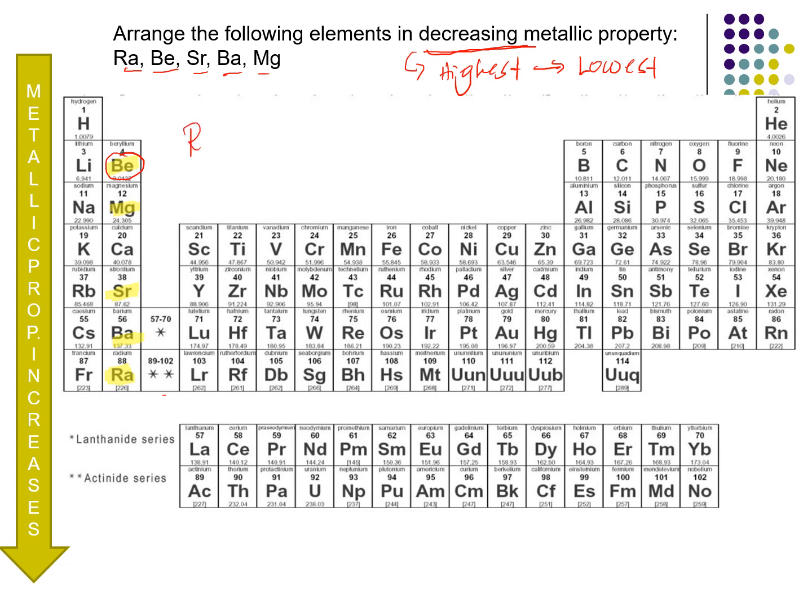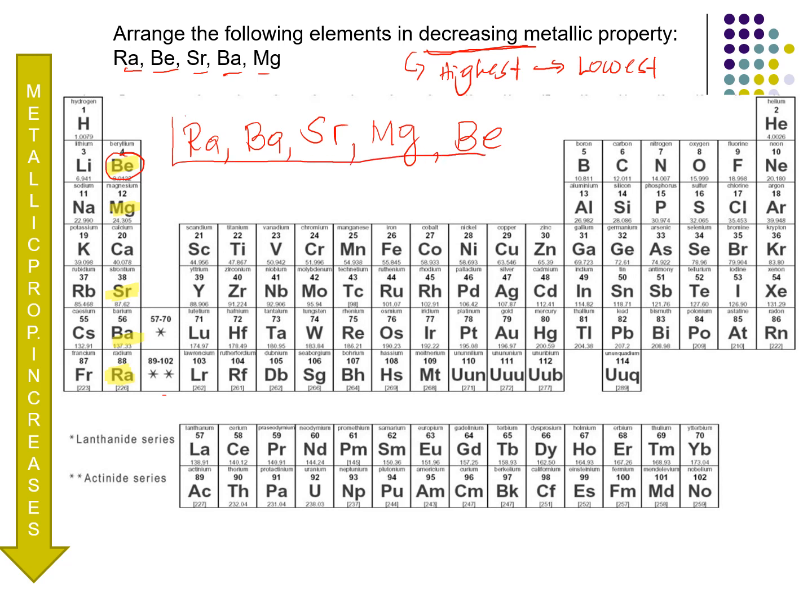Radium, to be followed by barium. Next ay strontium. And then next, we have magnesium. At yung least metallic ay si beryllium. Ay, mali. Ang least metallic ngayon ay si beryllium. So, ito yung arrangement natin.